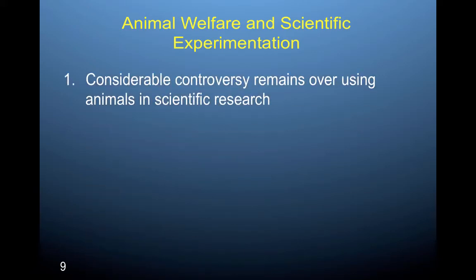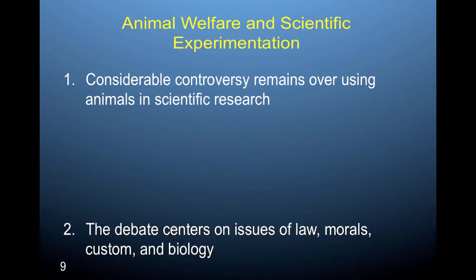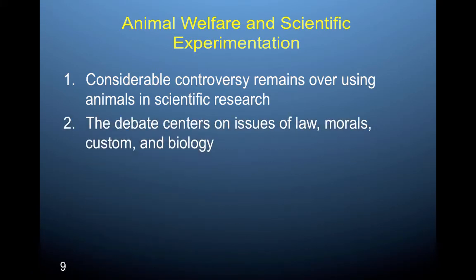So again, considerable controversy remains over using animals in scientific research, and the debate really centers on issues of law, morals, custom, and biology. So there are elements of law, what is or is not considered lawful; moral elements, is it morally right or wrong to experiment on animals; custom, since morals are also highly influenced by custom, and based on some customs, certain types of behaviors would be more or less allowed.